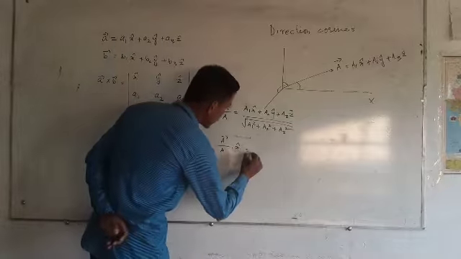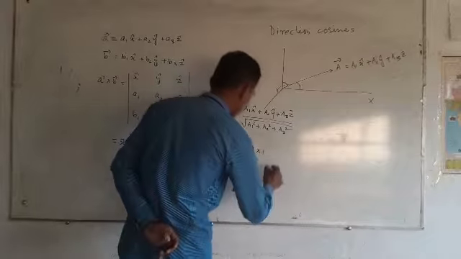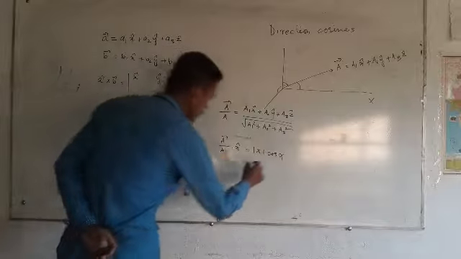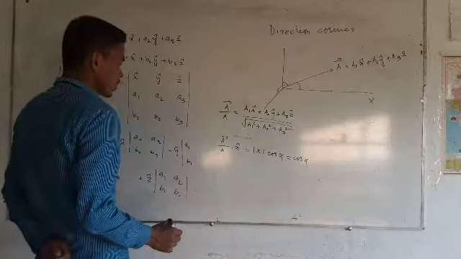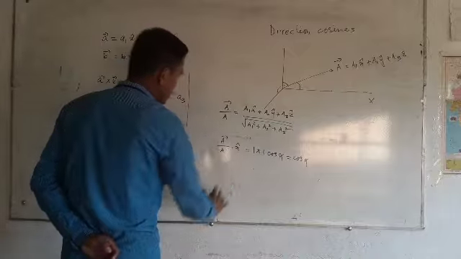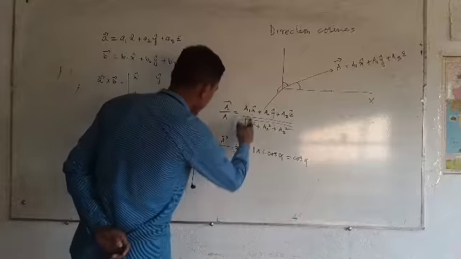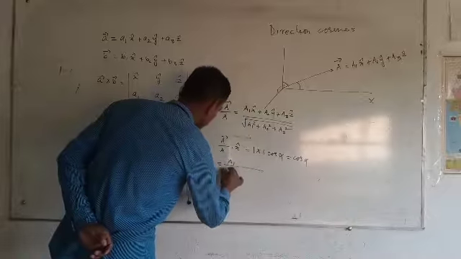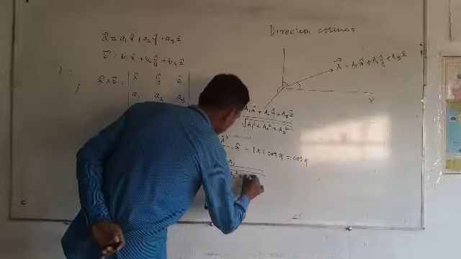Therefore, the product is equal to cos alpha, which results in A1 divided by root over A1 square plus A2 square plus A3 square.